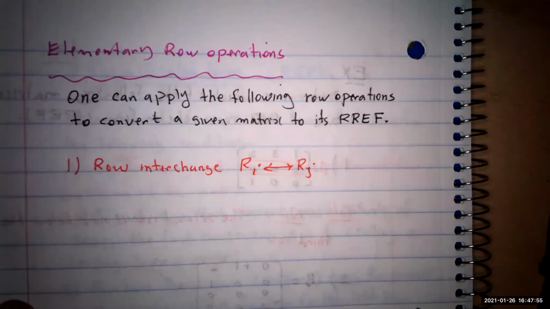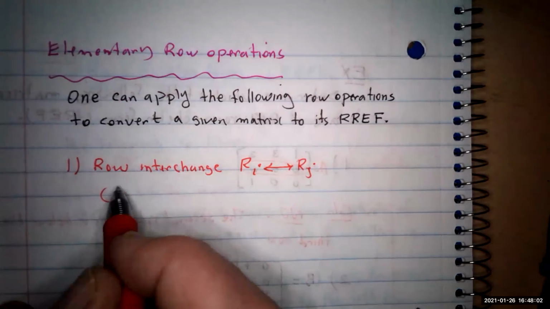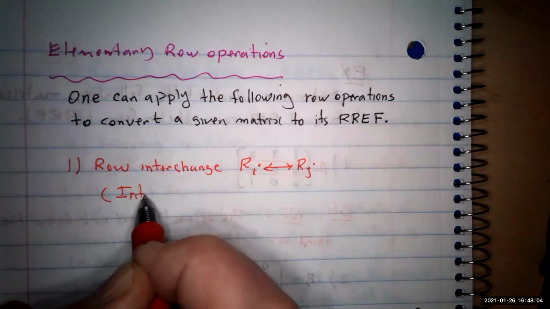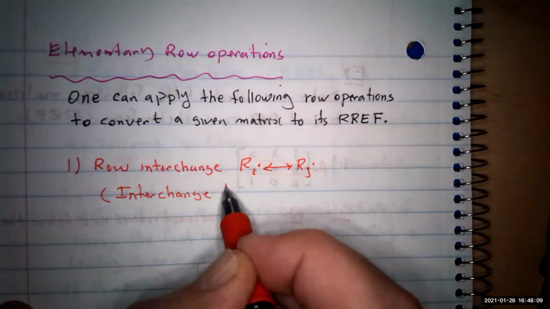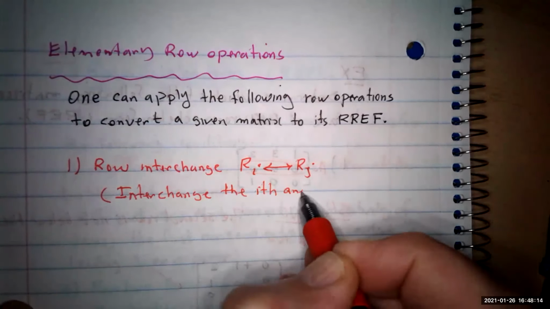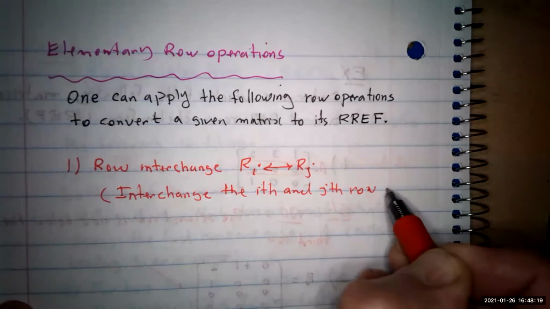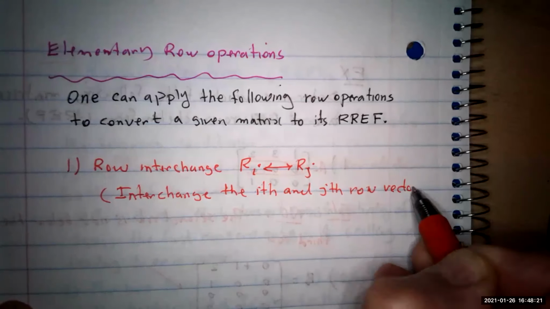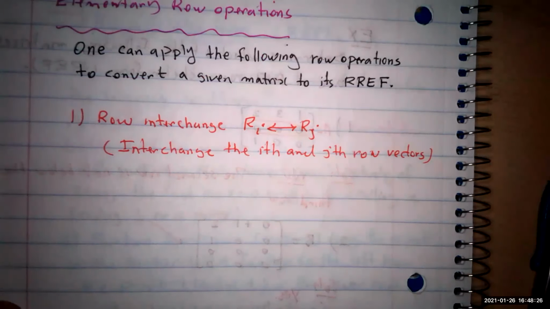This means interchange the i and j row vectors. We refer to it as row interchange, and that's the first one.